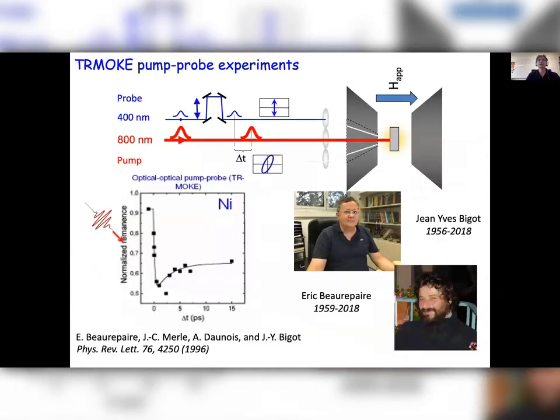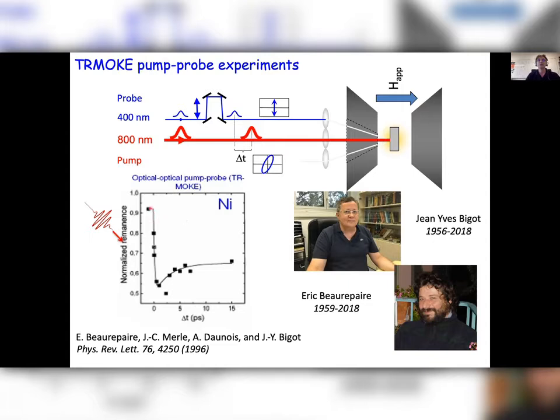The experiment that really opened this field was a pump-probe experiment performed by Jean-Yves Bigot and Eric Beaurepaire in Strasbourg, where they showed that they could pump a system, a nickel layer here, and probe it and change the delay between the pump and the probe.